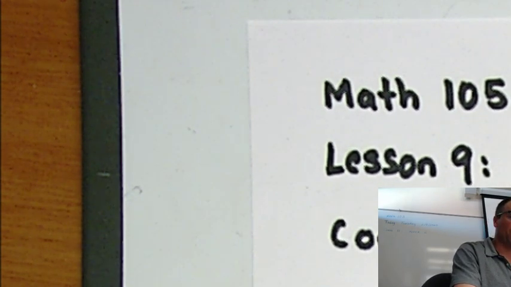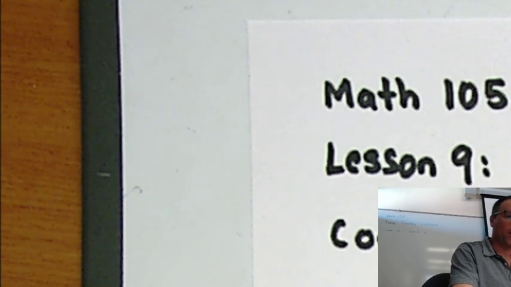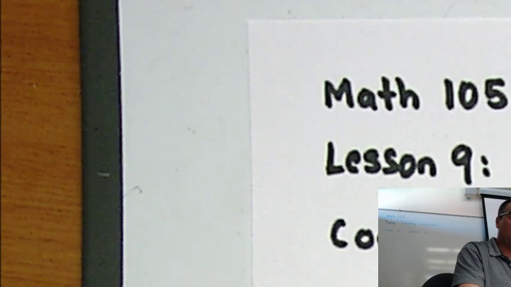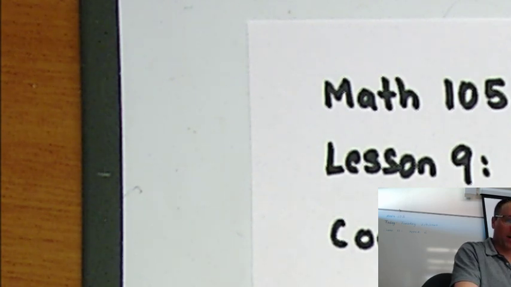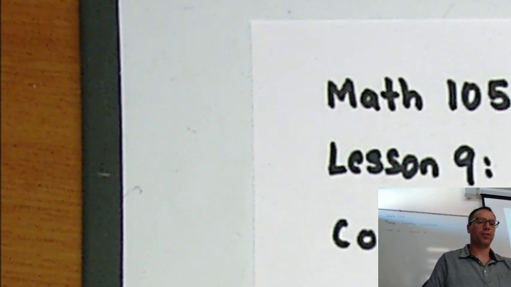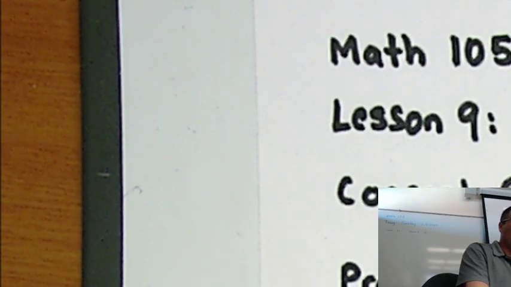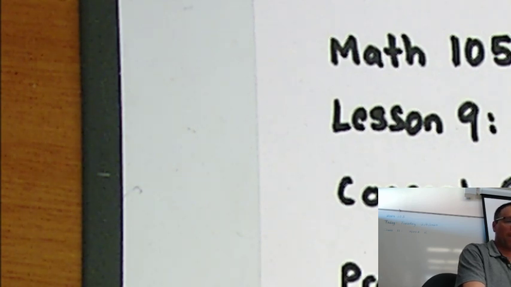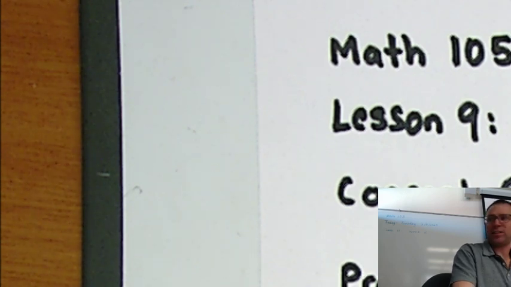So we want to show that 2x plus 4 over, I guess this is 3x plus 6, is actually identically equal to 2/3. Okay, so let's consider the start of this thing, which is 2x plus 4 over 3x plus 6.